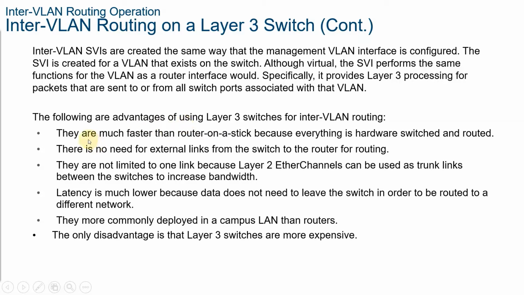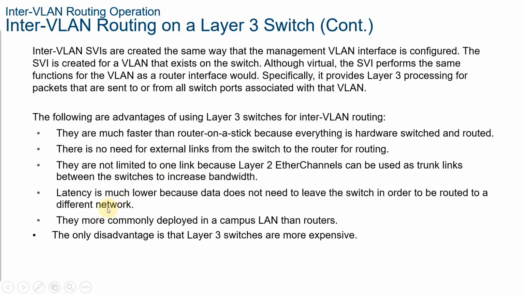The following are the advantages of using a layer 3 switch for inter-VLAN routing. They are much faster than router on a stick because everything is hardware switched and routed. There is no need for an external link from the switch to a router for routing. They are not limited to one link because layer 2 EtherChannels can be used as trunk links between the switches to increase the bandwidth.